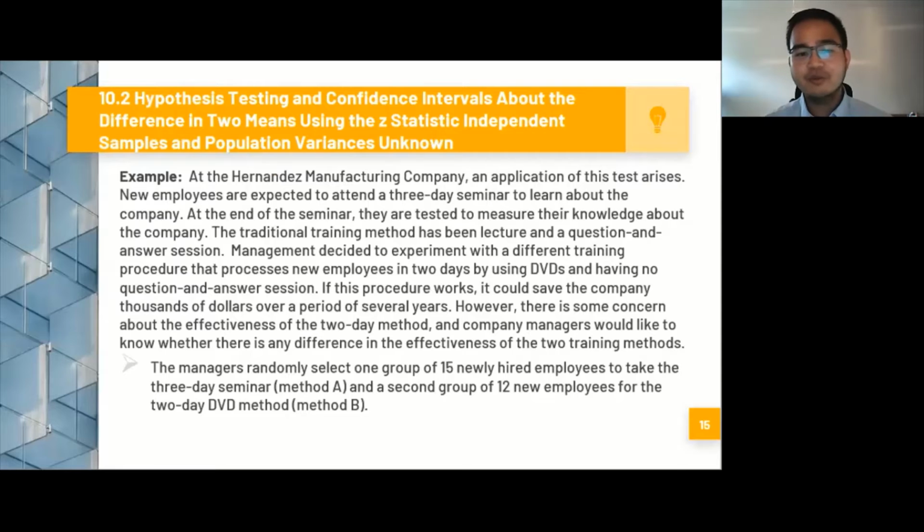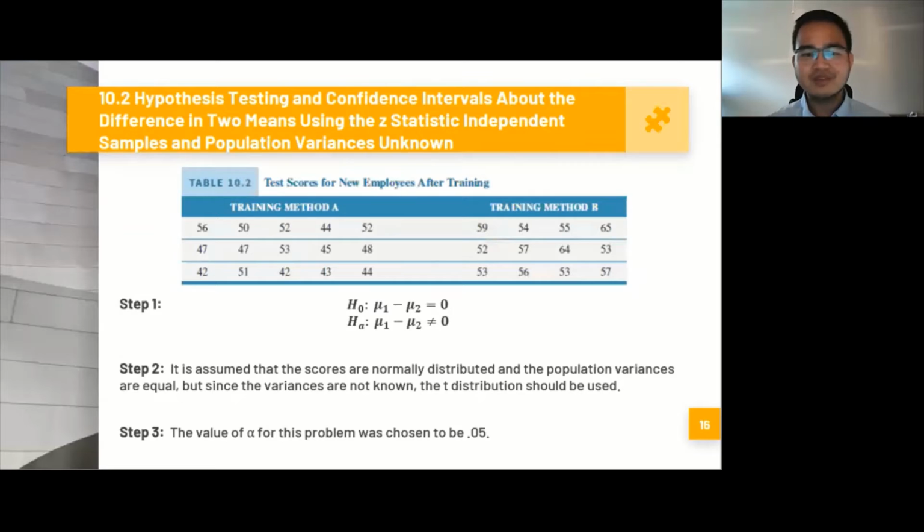The first group would be composed of 15 newly hired employees, who will take the traditional method of a 3-day lecture followed by a question and answer session. On the other hand, the second group is composed of 12 newly hired employees, who will take a 2-day DVD lecture without any question and answer session.